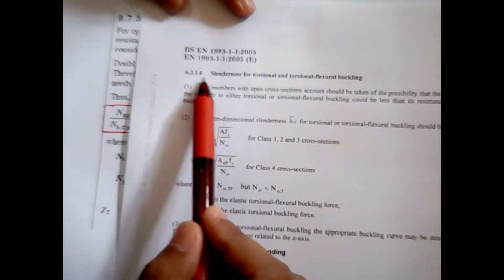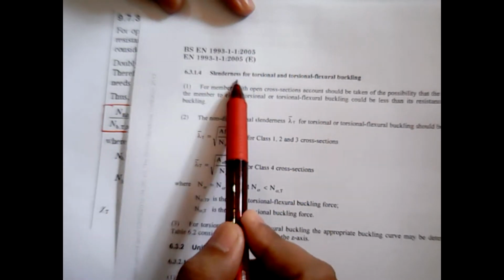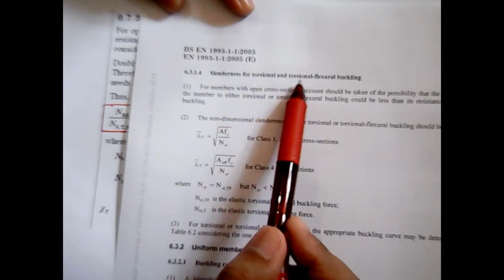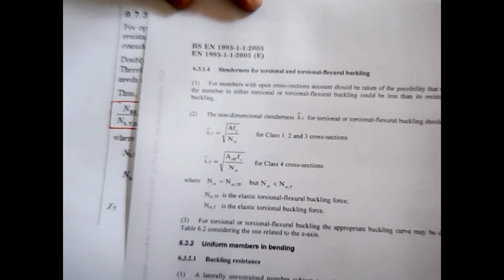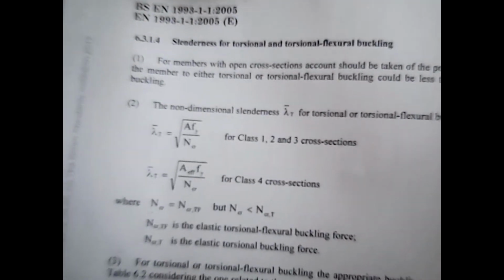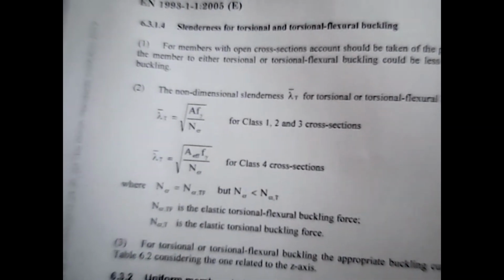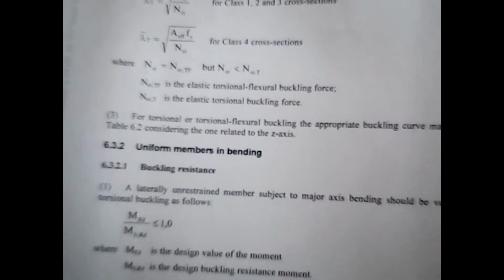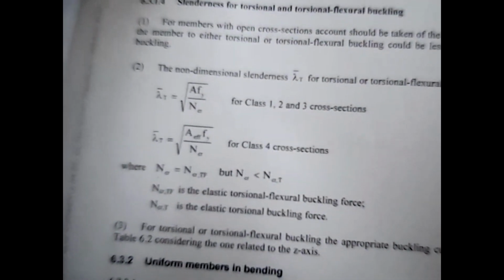You need to refer to clause 6.3.1.4 for slenderness for torsional and torsional flexural buckling. So in this example, you have to go through this in your Eurocode and look at the clauses given to you. What is your lambda T and so on.